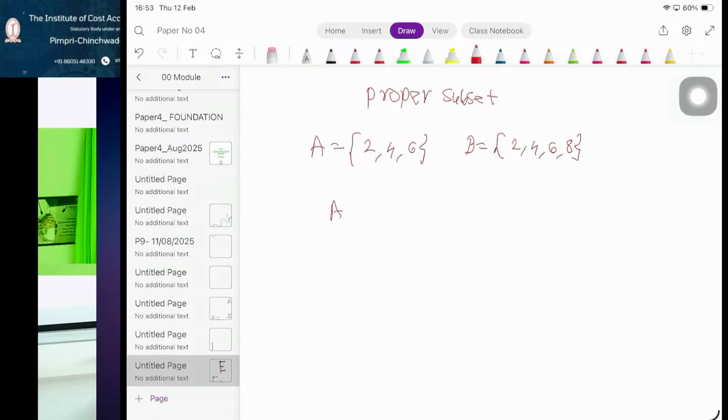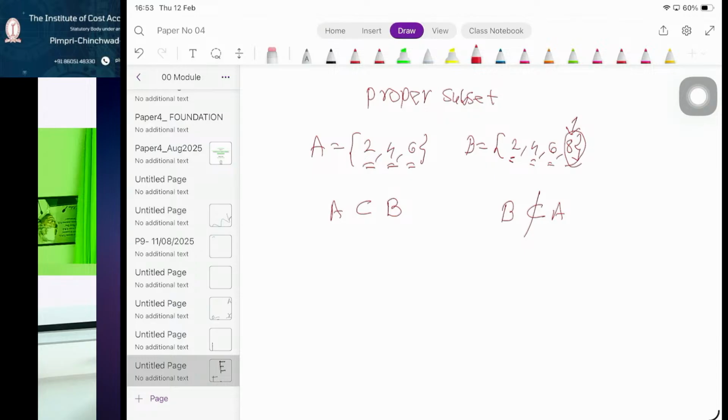Then in that case A is called a proper subset of B because 2 is in B, 4 is in B, 6 is in B, and there is one more element, 8, which is not in A. So A is not only a subset but a proper subset of B, and B is not a subset of A, because B contains one more element which is not in A.